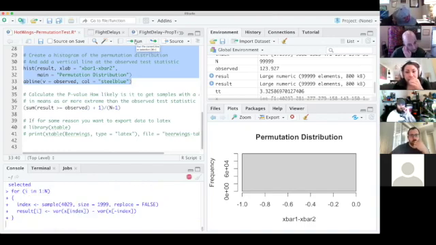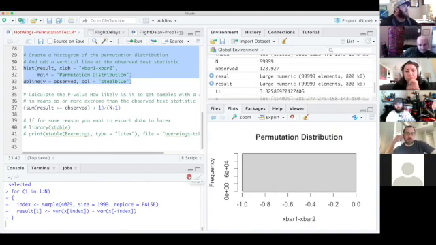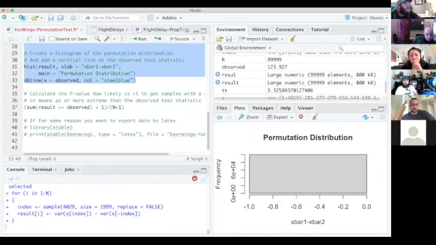It's running. So when you see this little stop sign over here, that means it's still running. Still running.